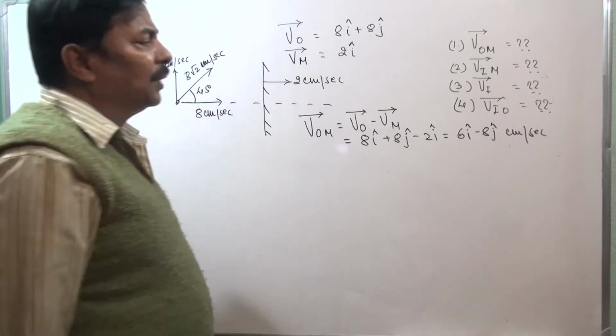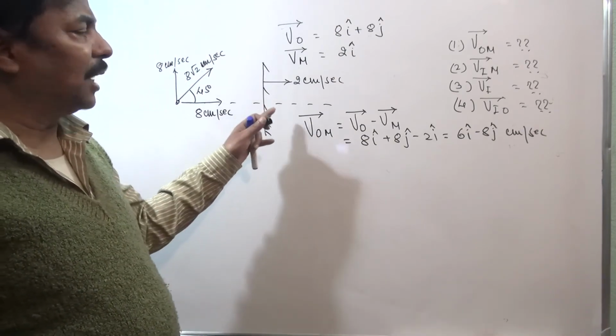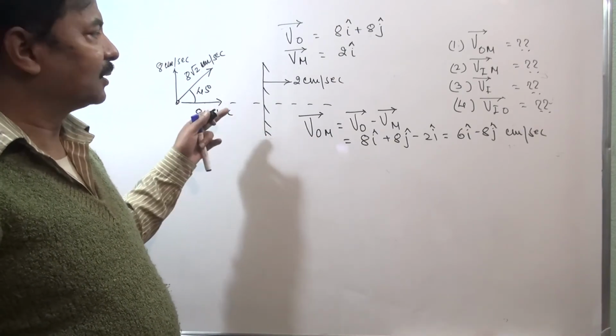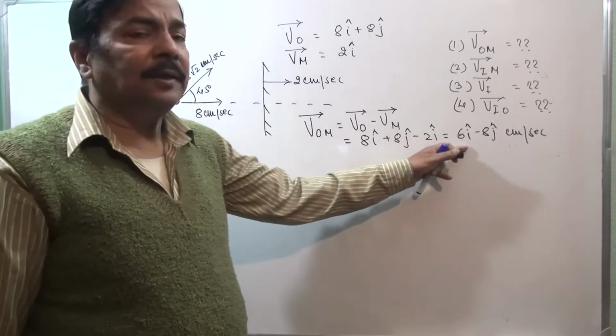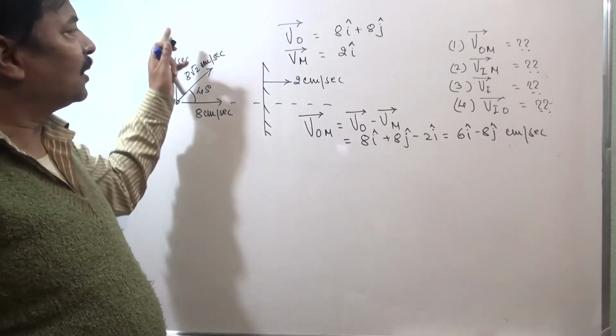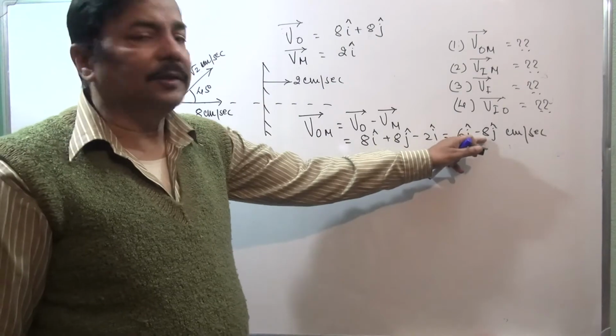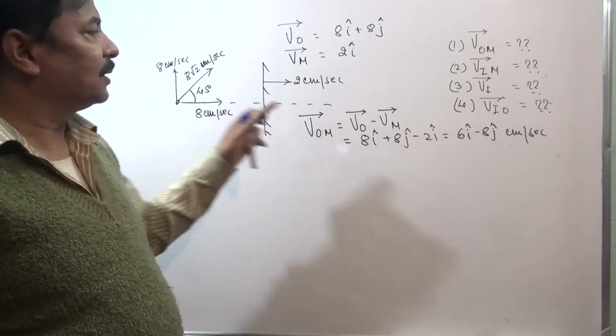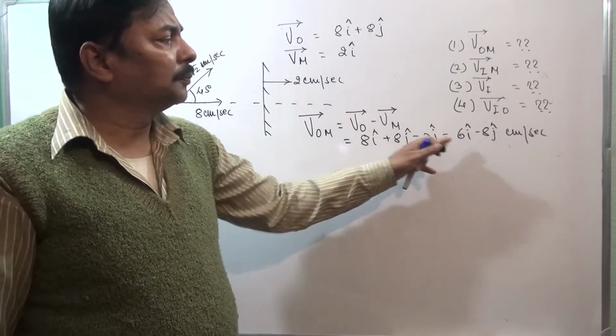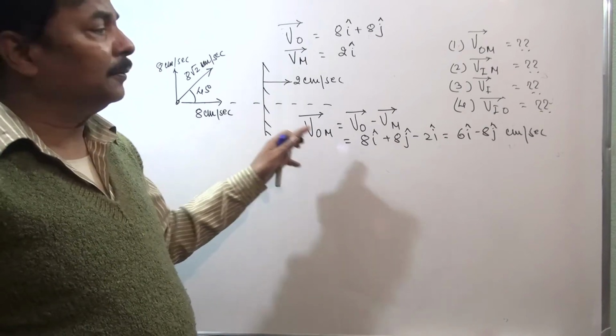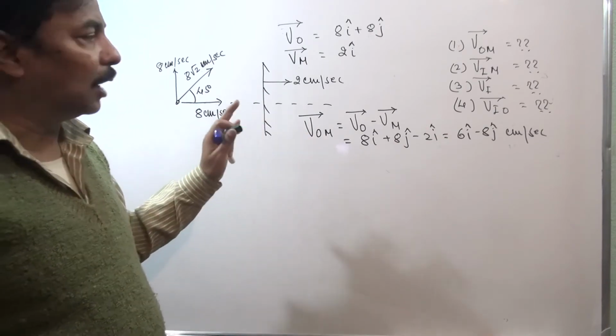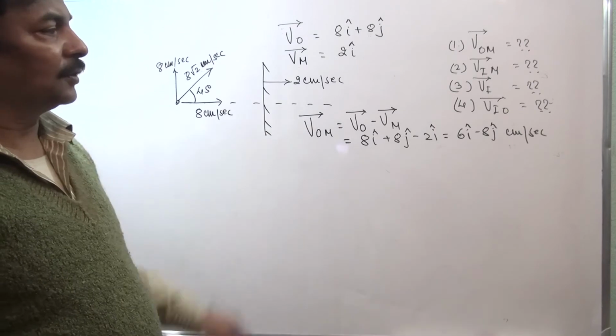That means in the i direction, along this direction, it is 6, and in this direction it is 8. Along the y-axis it is 8, and along the x-axis with respect to mirror it is 6. Now this is the first.